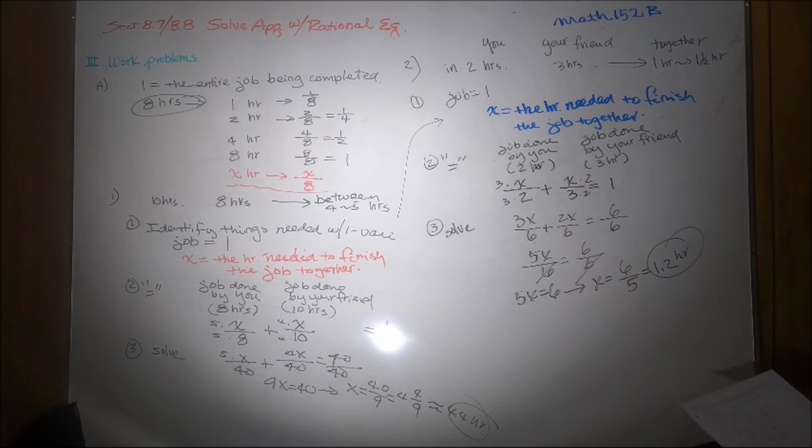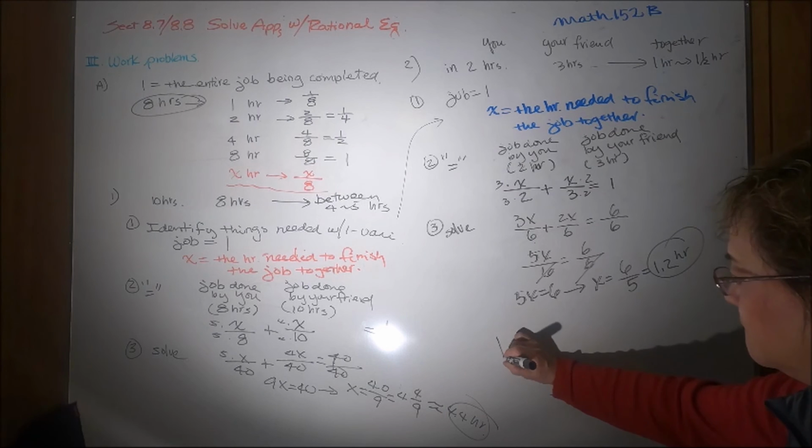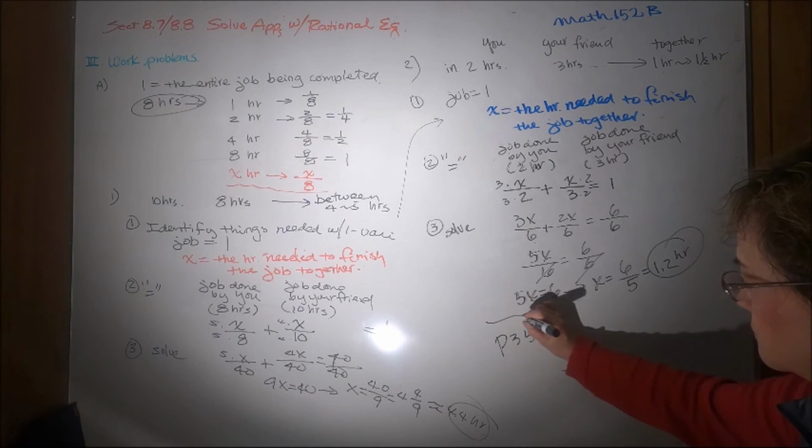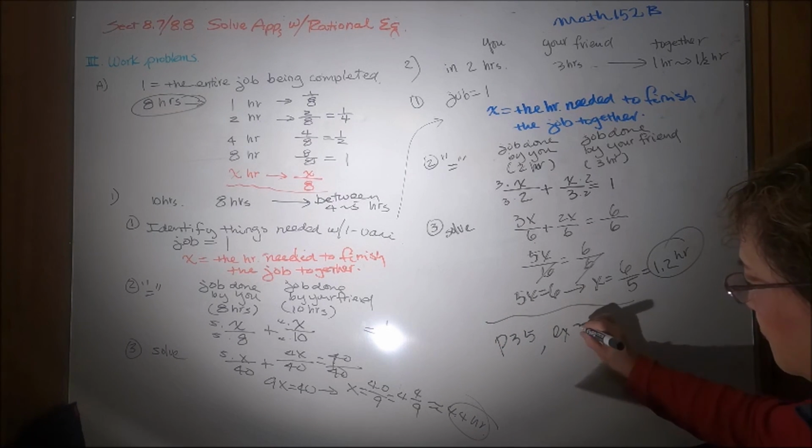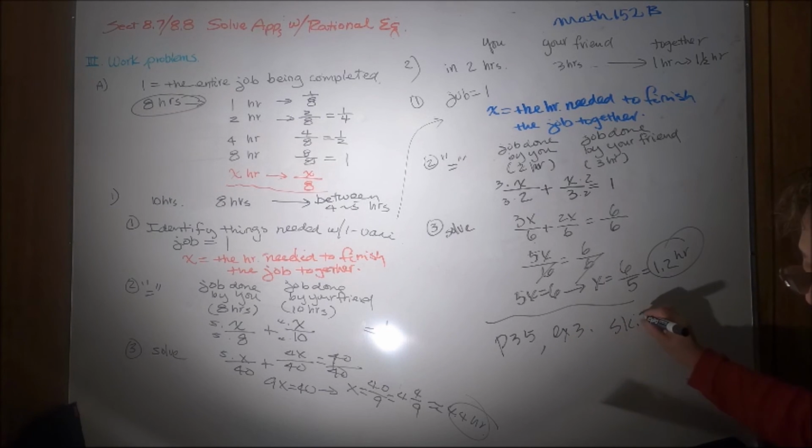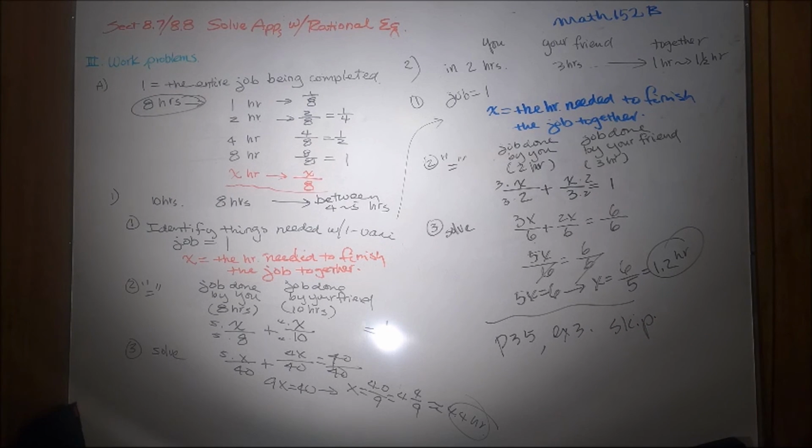And for your next page, page 35, for example 3, we are going to skip. Okay? If you are interested, you can look at the answer keys and figure it out, but usually we don't have to worry about this kind of problem for you to practice for now, for this class.